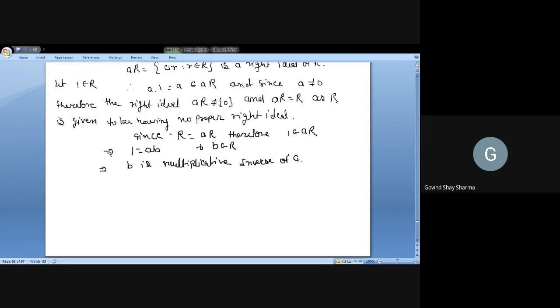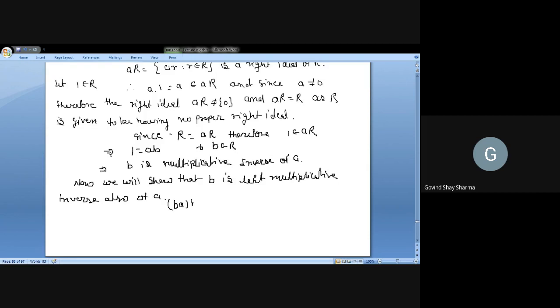Now we will show b is also a left multiplicative inverse.